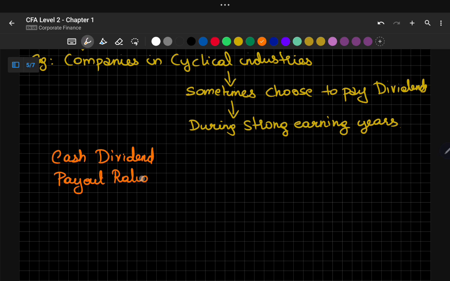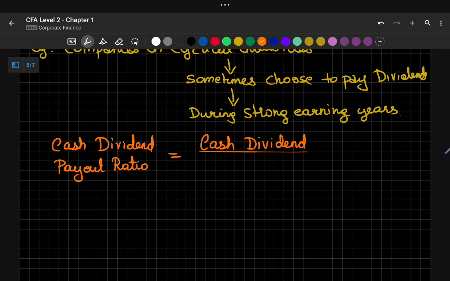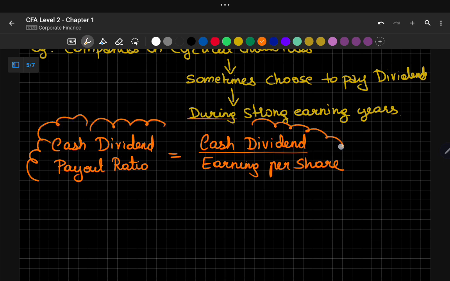To calculate the cash dividend payout ratio, the formula is cash dividend divided by earning per share, EPS. Okay.